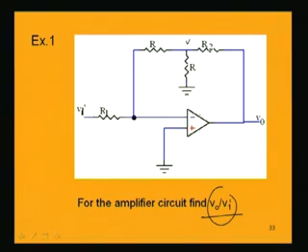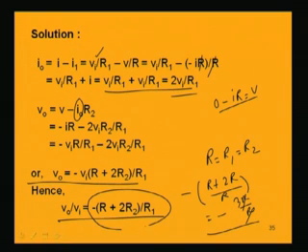For example, just I have shown that if we want to get output voltage to be 3 times the input voltage, of course with a minus sign, because we are connecting the voltage at the inverting terminal, we will have to choose all resistances equal, that will give you 3 times. In this way you can choose the resistance values and you can find whatever required output voltage you want in comparison with the input, how many times you want it to be greater.